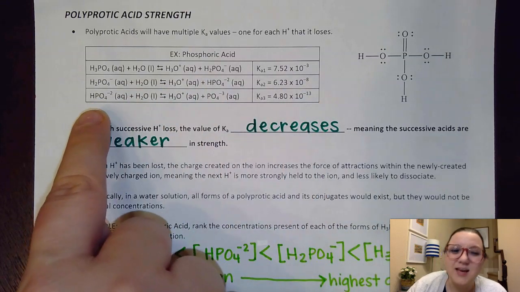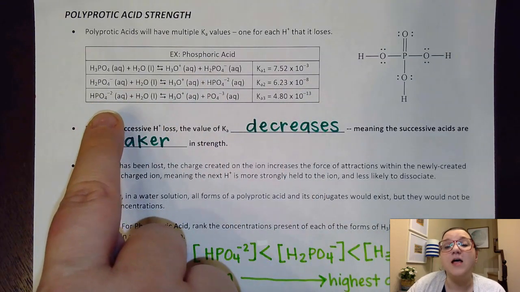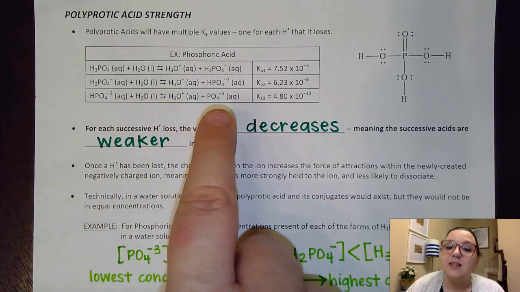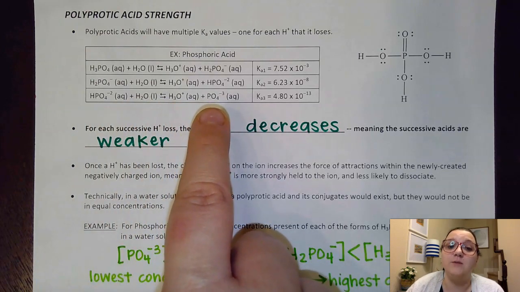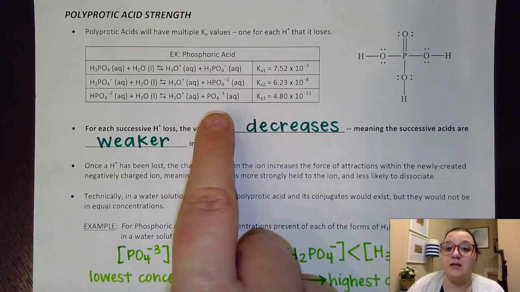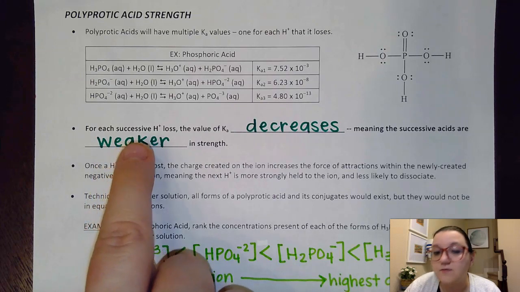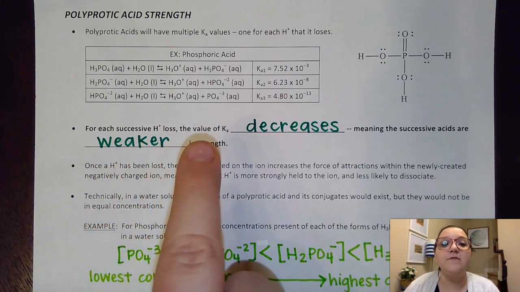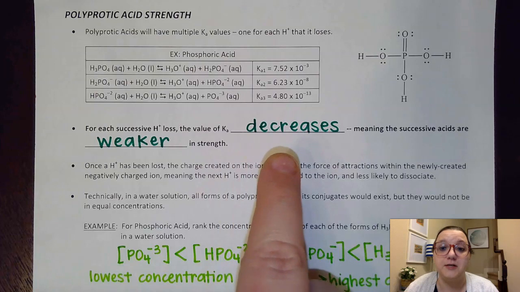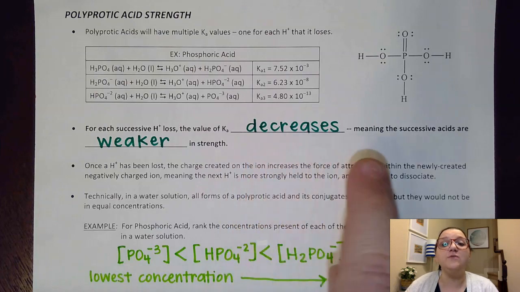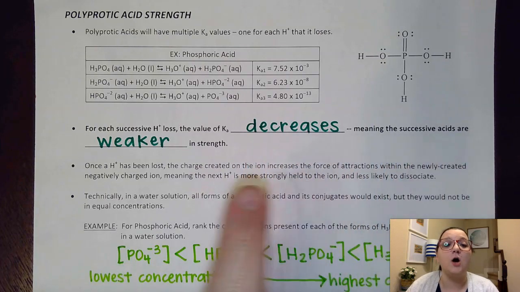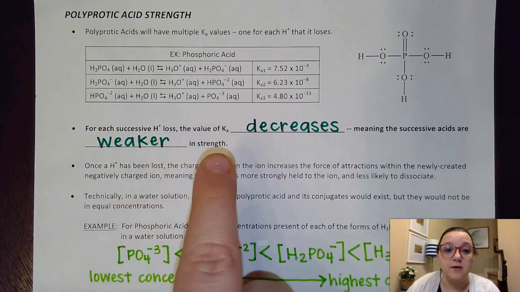And then when I take that HPO4 negative 2 and peel off the last hydrogen, that leaves me with my phosphate polyion, PO4 negative 3. And you can see that has the smallest Ka value out of the 3 processes. So what that means is that for each successive hydrogen loss, the value of Ka is decreasing, meaning each of the successive acids are weaker in strength.